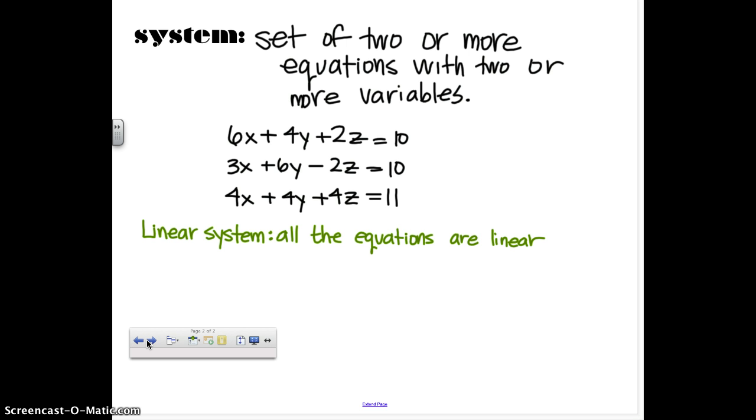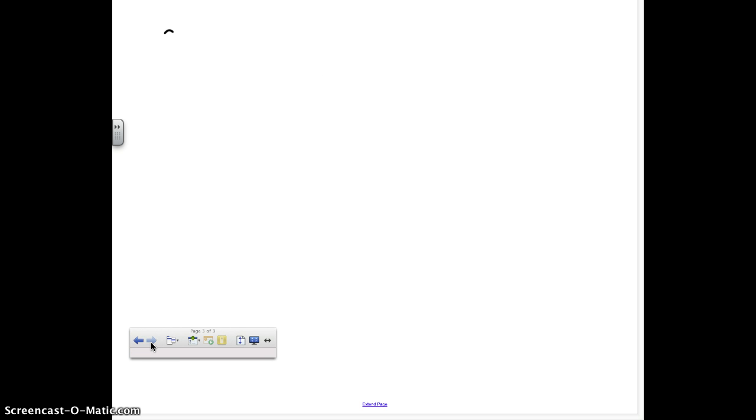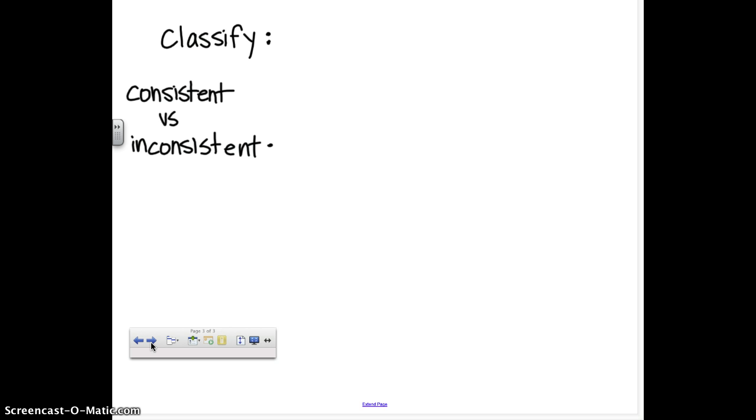We can classify linear systems. We can have consistent versus inconsistent, and we will pick one of those words to describe our system.